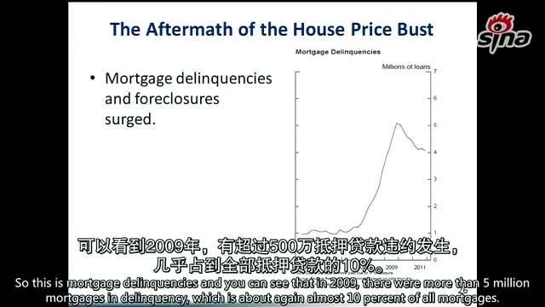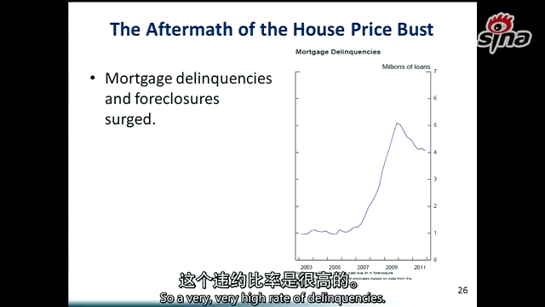So this is mortgage delinquencies. And you can see that in 2009, there were more than 5 million mortgages in delinquency, which is again almost 10% of all mortgages. So a very, very high rate of delinquencies.